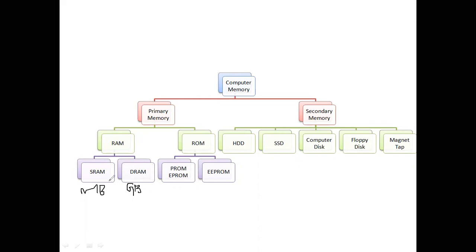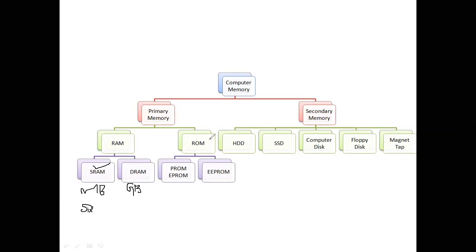Compared to DRAM, static RAM is quick and faster. In static random access memory, there are 6 transistors, and there is no need for refreshing. But in DRAM, refreshing of the system is very necessary to keep it working, whereas in SRAM it is not called refreshing; it is refreshed internally.